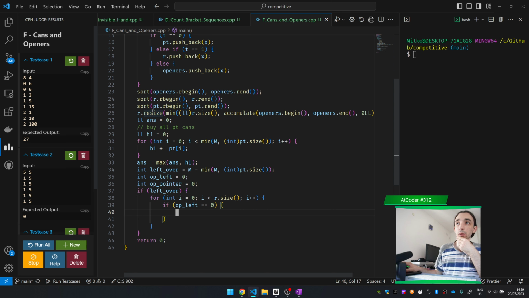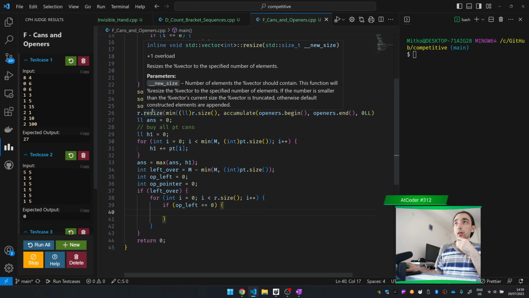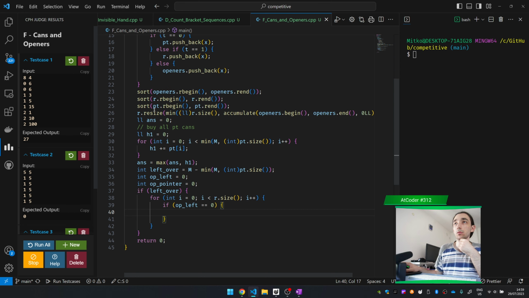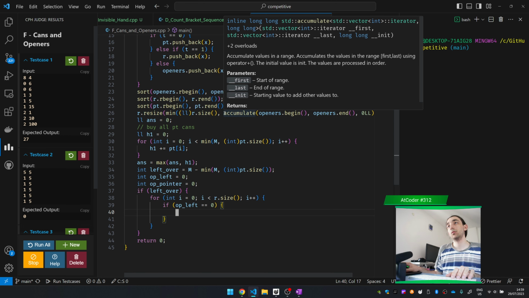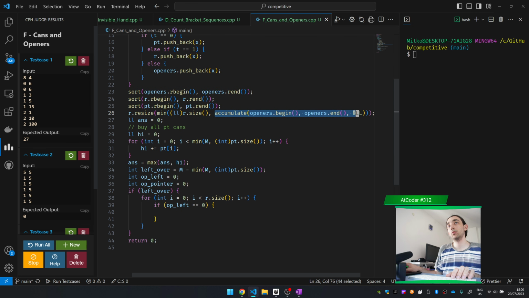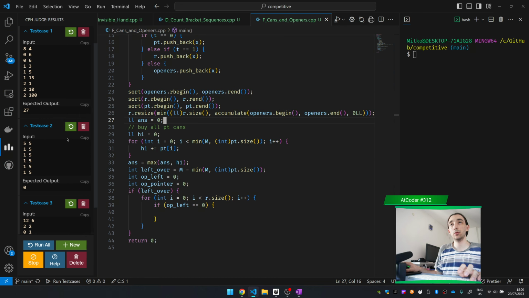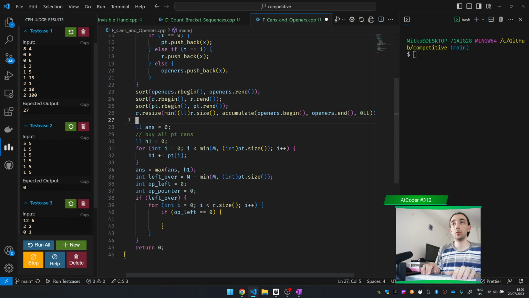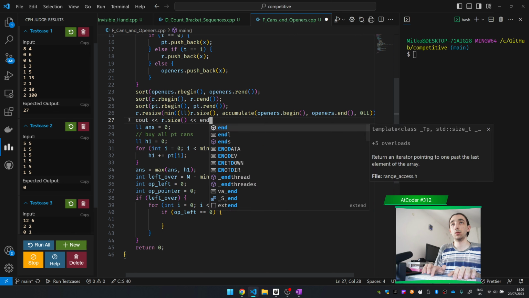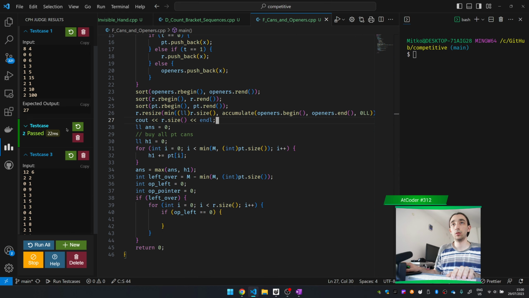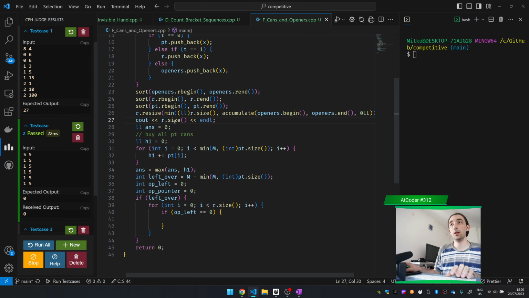At minimum this, and then if opener.left is... so what about if there's no opener? Let's say here there's no opener. Would r be 0? Yeah, r will be 0.